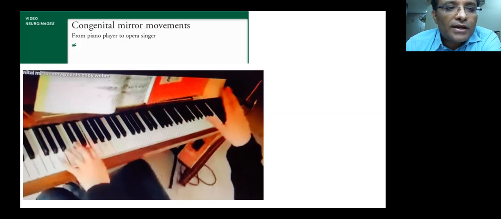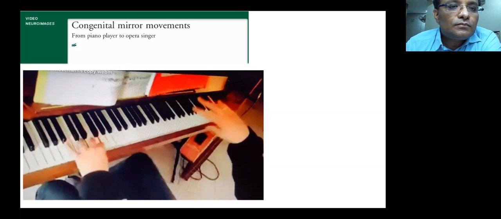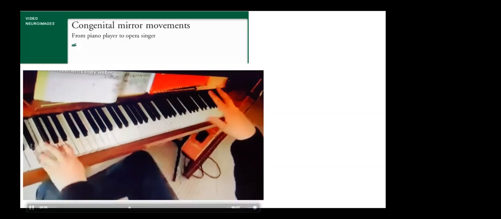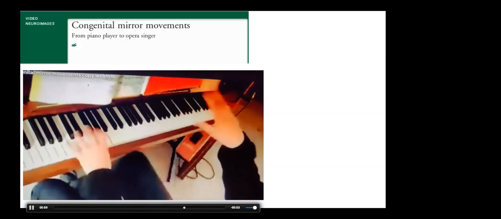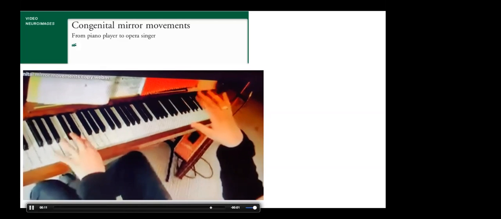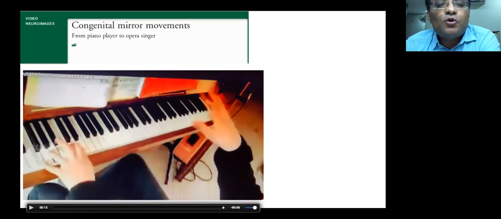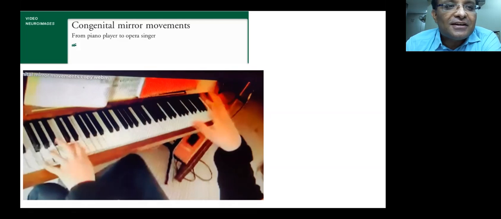And you see why he could not play. So this poor chap was not able to play piano, so he shifted his focus and became an opera singer. So it's one of the nice videos.